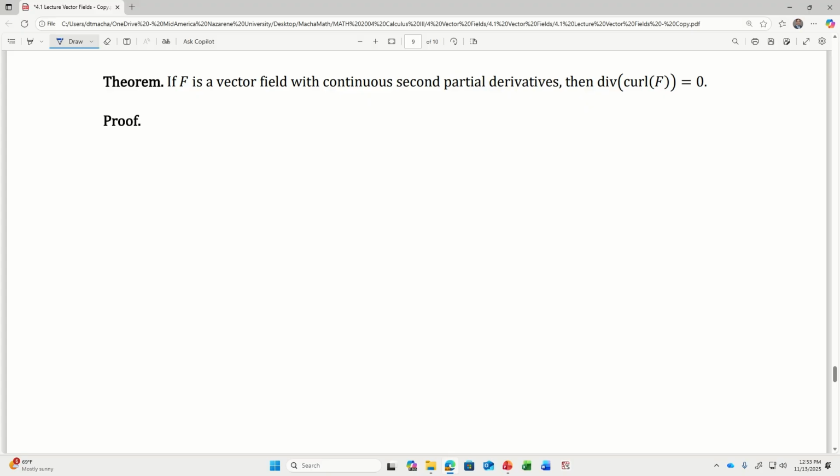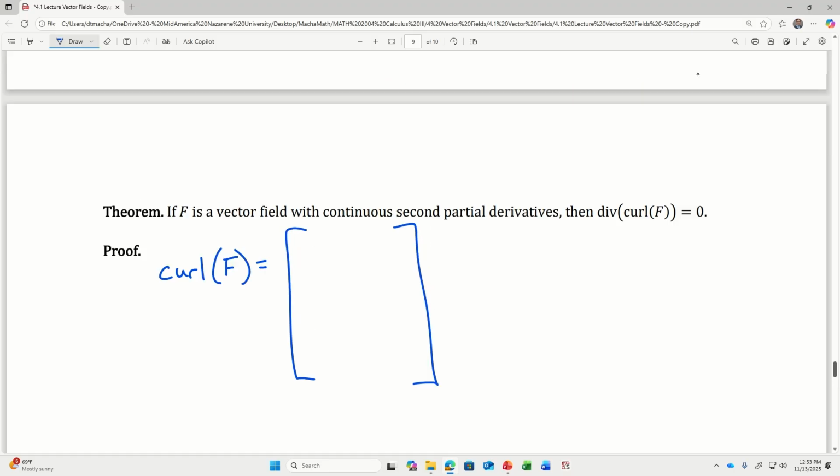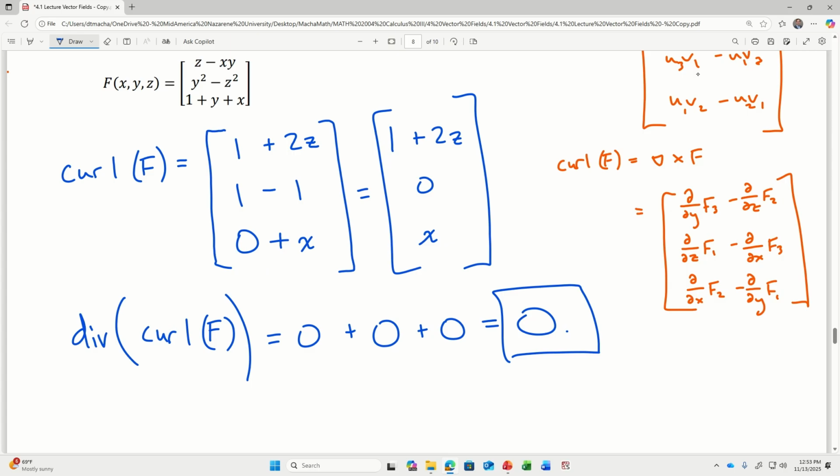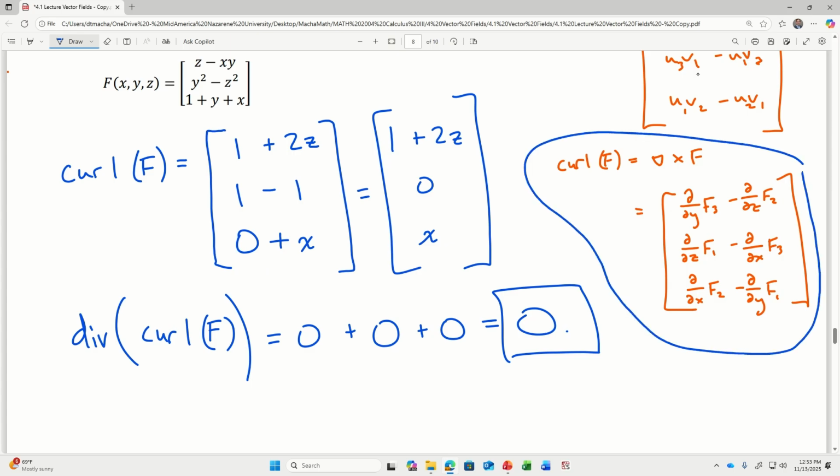Okay, if f is a vector field with continuous second partial derivatives, then the divergence of the curl of f is 0. So let's try it out. The curl of f, and I think I wrote this down while I was working on the previous problem, is over here. This is my curl of f.